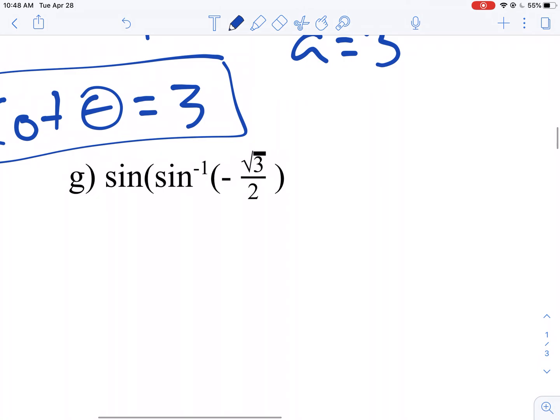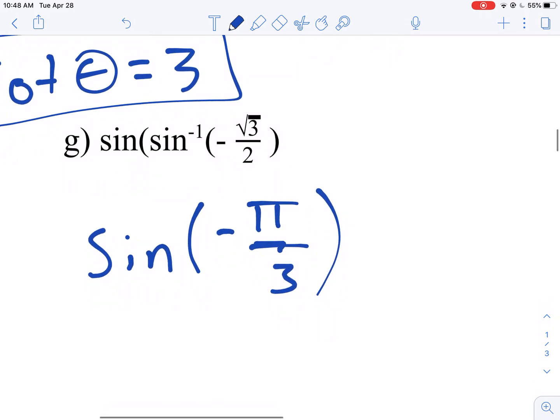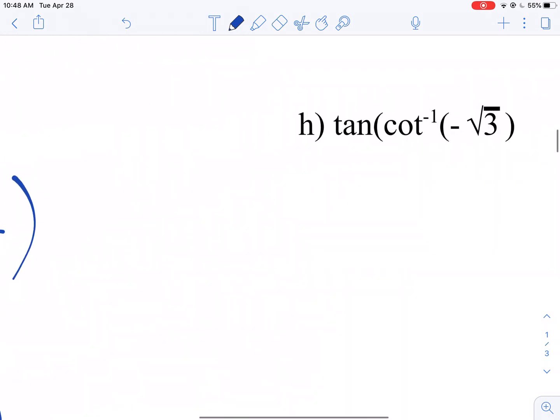Sine of the sine inverse of negative root 3 over 2. Well, I'm talking about the sine of negative pi over 3 because that's the angle which falls. Also, since this is between negative 1 and 1, I could have just jumped straight to the fact that this is negative root 3 over 2 because I'm still taking the sine of that exact same angle.